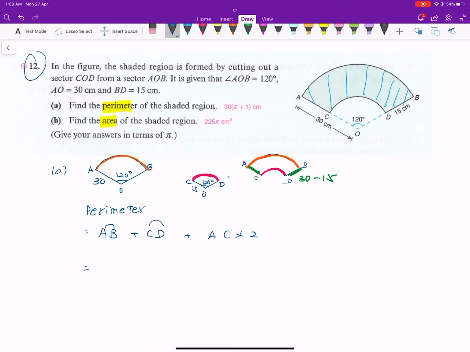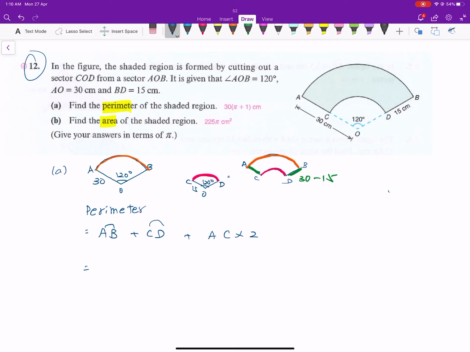That means we have the sector, and then we cut out the lower part OCD, and then we keep the upper part, just like this. And given that the angle is 120 degrees, find the perimeter of the shaded region.